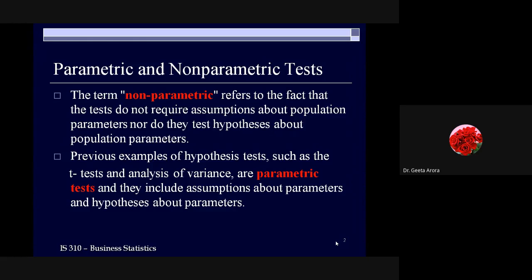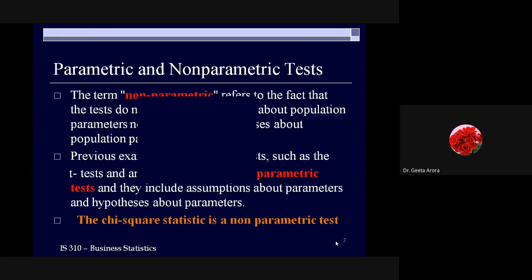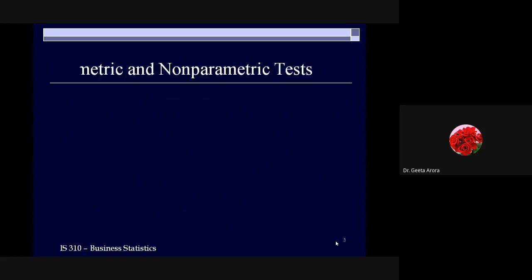So this particular test, the chi-square test, is one of the non-parametric tests in our course which does not require any assumption regarding the population parameter. Correct? So this is one of the things, that it is a non-parametric test.